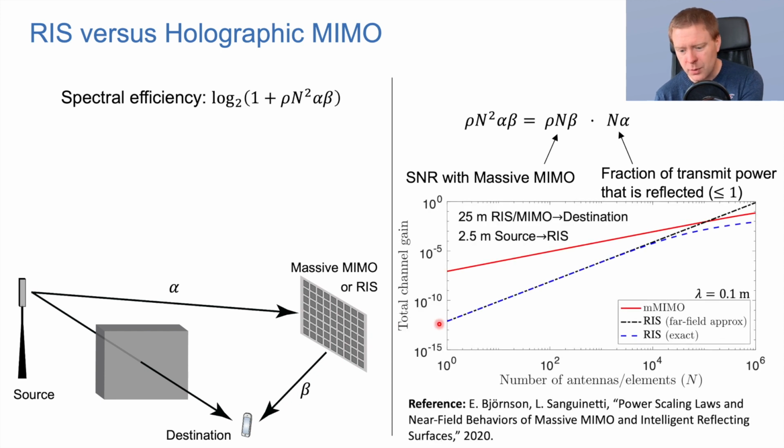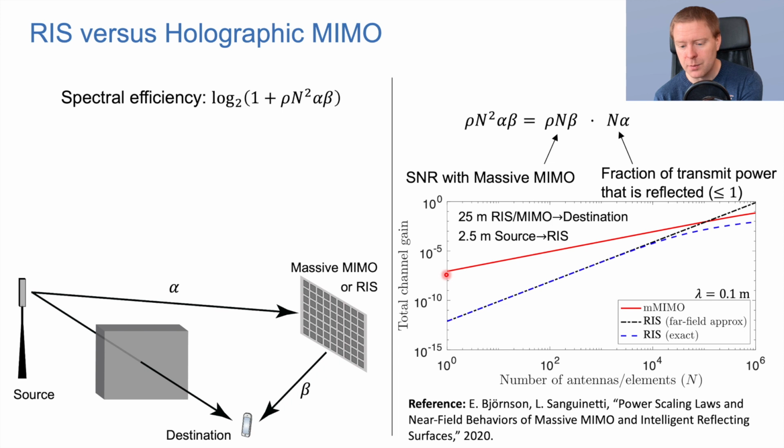So we can show the kind of behaviors here, for example. The total channel gain is then N times beta with massive MIMO, and N squared times alpha times beta with the RIS. And I am 25 meters from this location to the destination, and I'm only 2.5 meters from the source to this surface here. So if the source is not a massive MIMO transmitter here, but a user or a device closer to the RIS, it's still very close by.